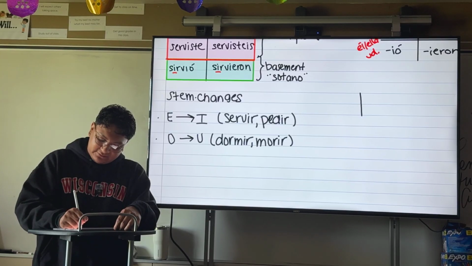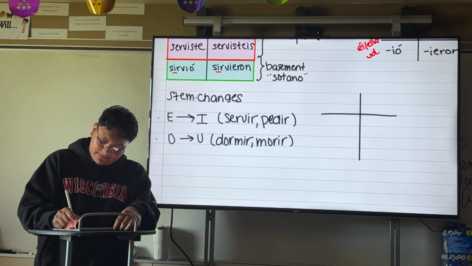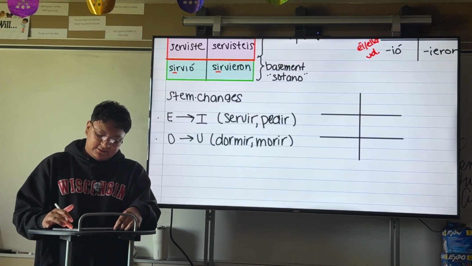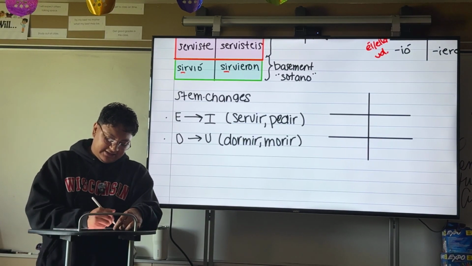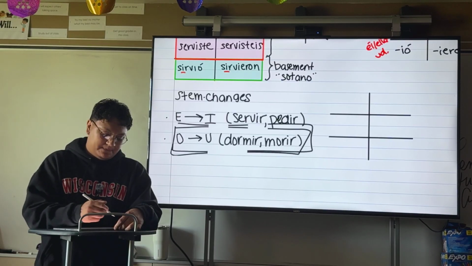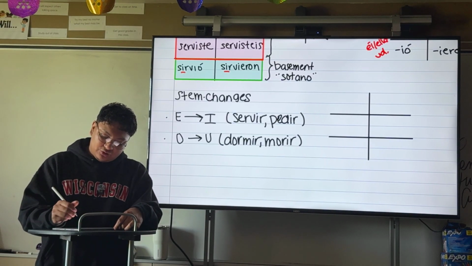And I'll show you an example. So here, we're going to use this example, the O to U, and we're going to use dormir.